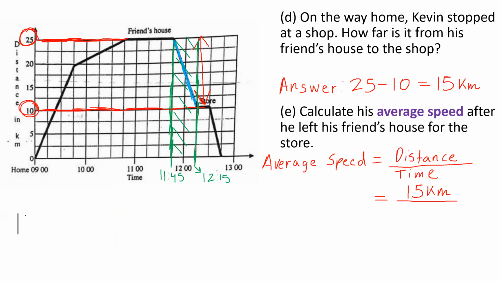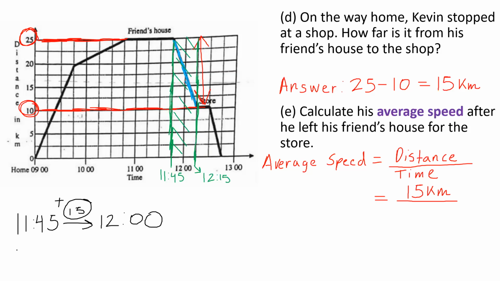If we do 11:45, and we add 15 minutes to that, what would we get? 12 o'clock, right? So from 11:45 plus 15 minutes, that's going to be 12 o'clock.